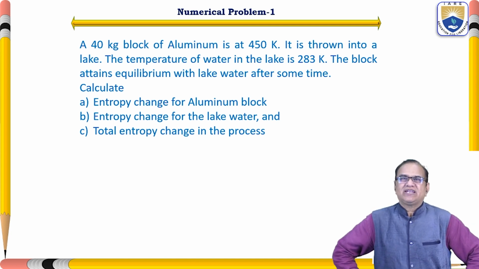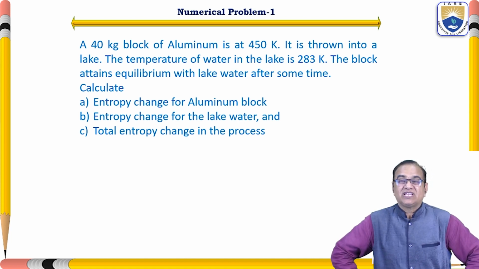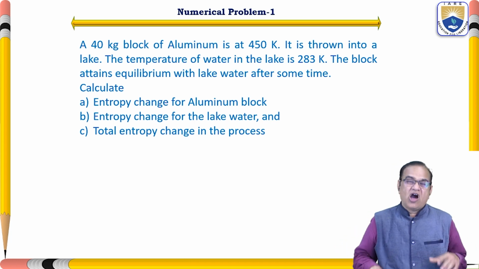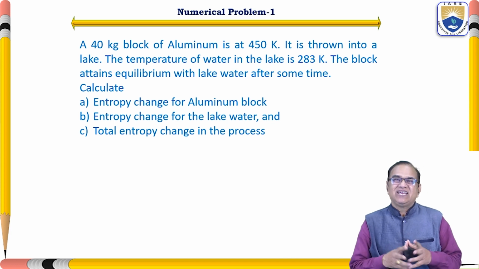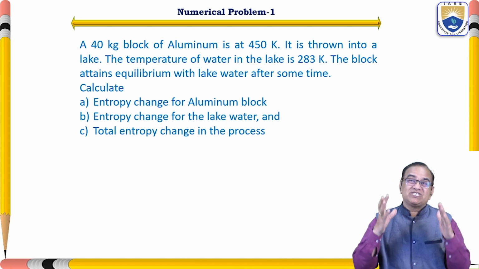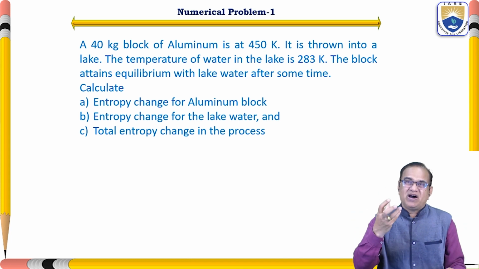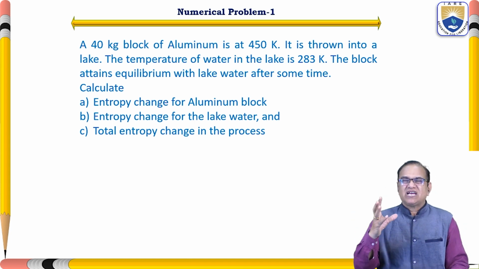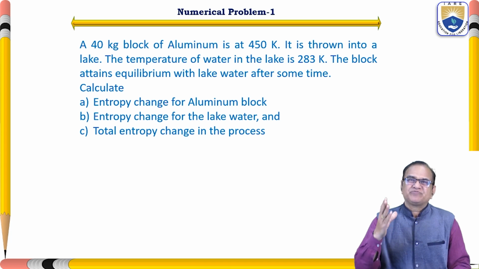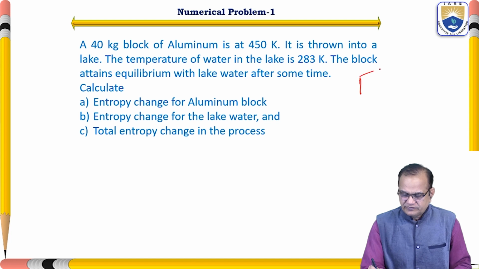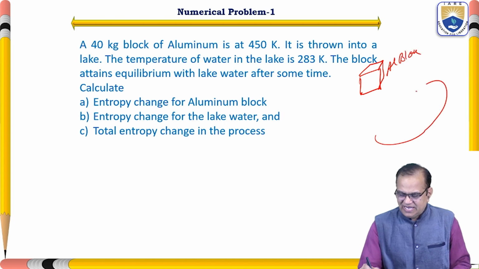So we have to calculate the entropy change for the aluminium block, the entropy change for the lake water, and the total entropy change in the process. So how much entropy of the lake is changed and how much entropy of the aluminium block, which is at a temperature of 450 and mass 40 kg. If you see here, this is one block of aluminium and there is a lake.